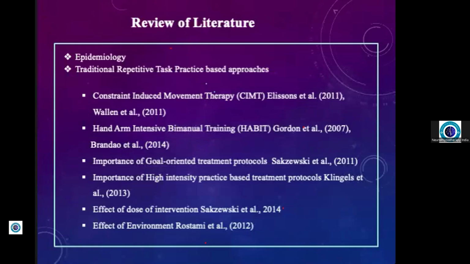So we needed protocols that are feasible for time constraints too, because CIMT is typically used to be performed for 6 hours a day, which got reduced to modified CIMT protocols, which are 3 hours a day, to HABIT protocols can last from 1.5 hours to 3 hours, just performing upper limb motor rehab, which again, it's beyond children's mental capacity and emotional capacity and interests in general. It leads to low adherence.